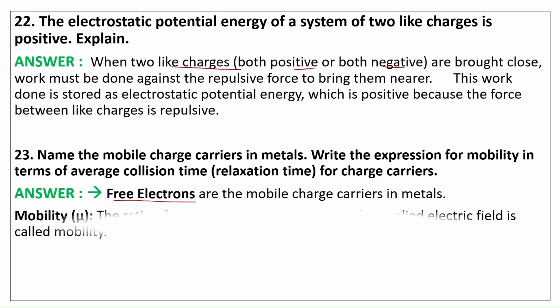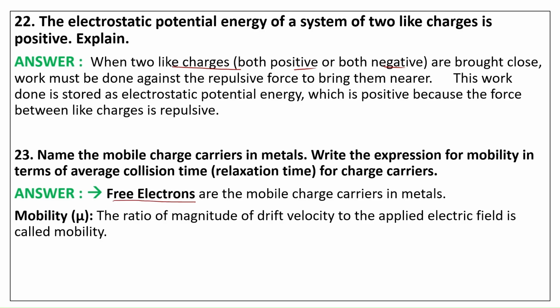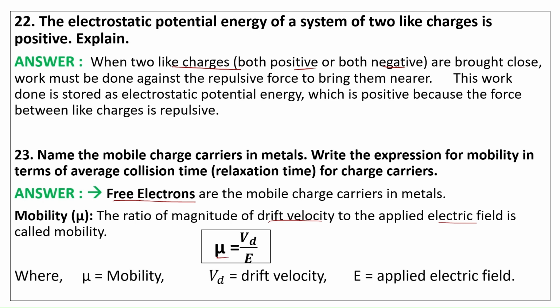Mobility, mu. The ratio of magnitude of drift velocity to the applied electric field is called mobility. That is, mu is equal to Vd by E, where mu is mobility, Vd is drift velocity, and E is applied electric field.